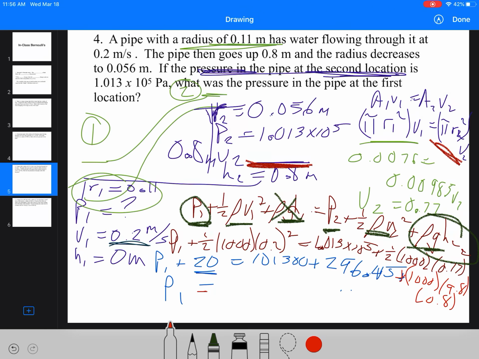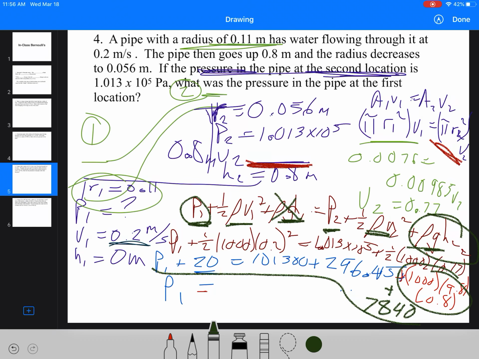This part right here I forgot to do. So 1,000 times 9.8 times 0.8. This piece right here is 7,840, which then gets added to this whole piece right here.